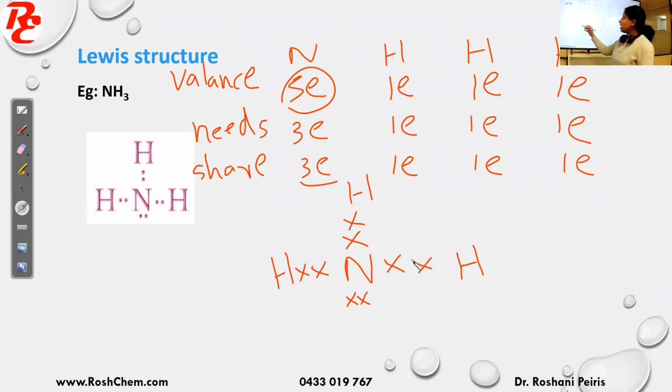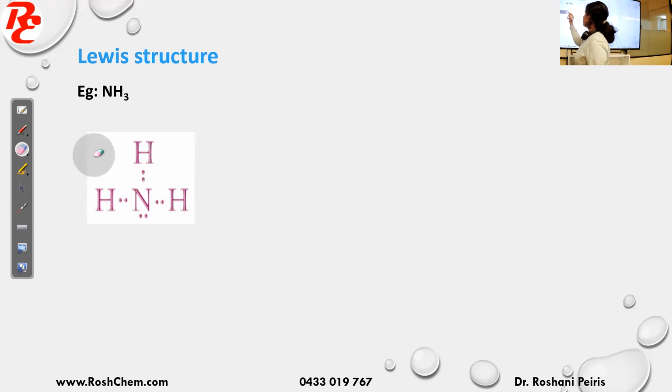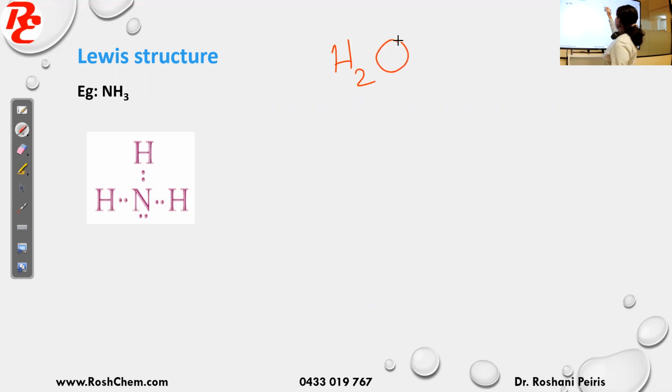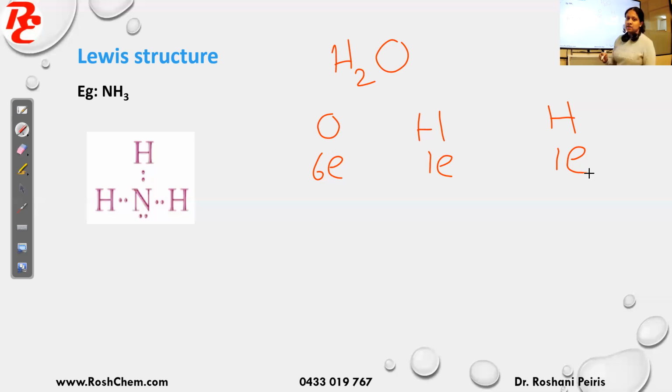We will also look at the Lewis structure of water. Water is H2O, so you have 1 oxygen and 2 hydrogens. Oxygen is in group 16, so it has 6 valence electrons, and each hydrogen has 1 valence electron.